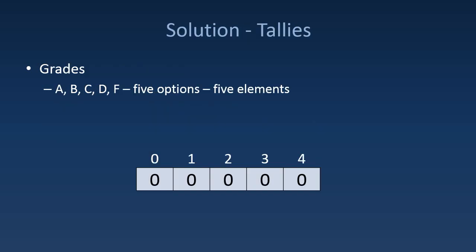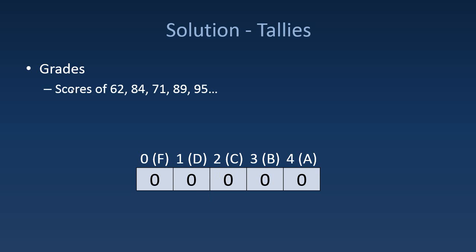So for the test example, rather than having variables for A, B, C, D, and F, I could have an array with 5 elements, initialize it all to 0, and then come up with some scheme like 0 is going to represent the F's, index 1 is going to be the D's, index 2 is going to be the C's, and as I go through my list of scores, increment the appropriate counter.